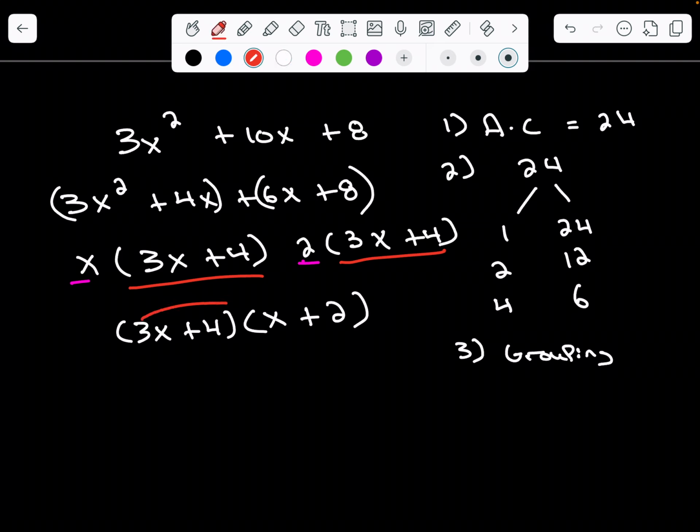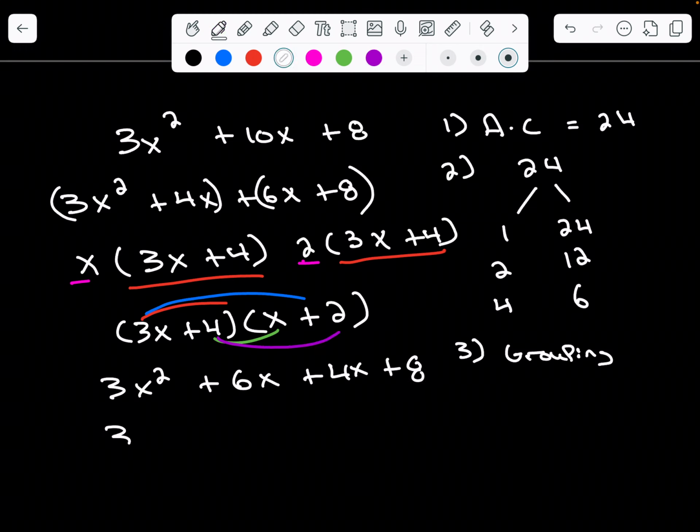So first terms are 3x squared. Our outside terms are plus 6x. Our inside is plus 4x. And our last is plus 8. And again, we can rewrite this to make sure that these are the same.